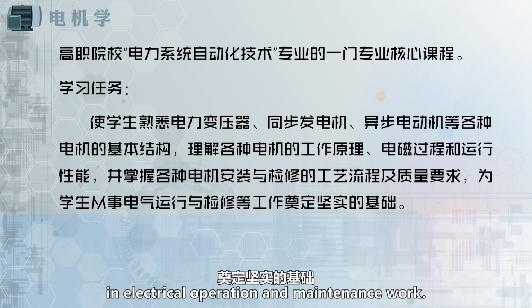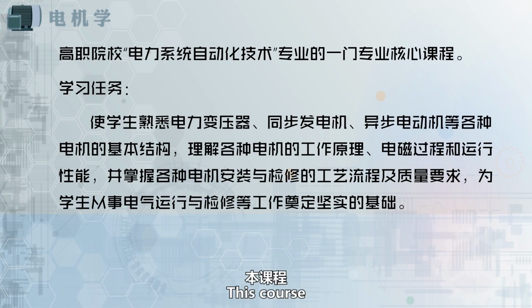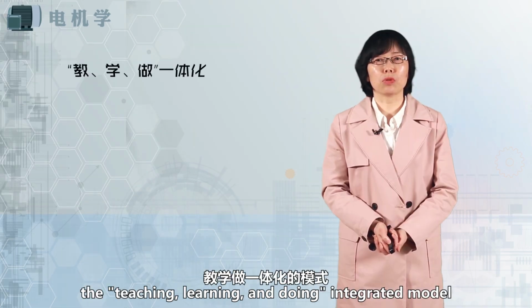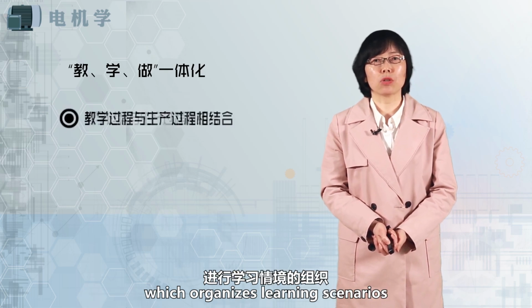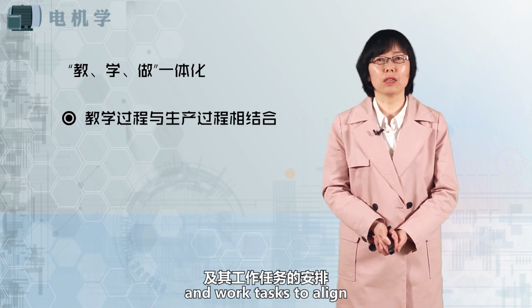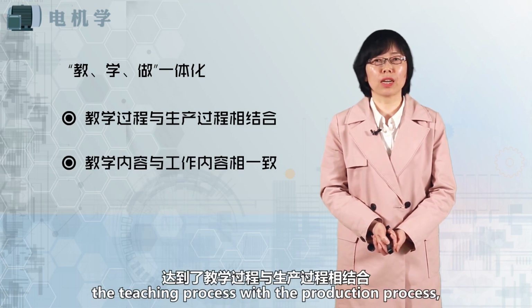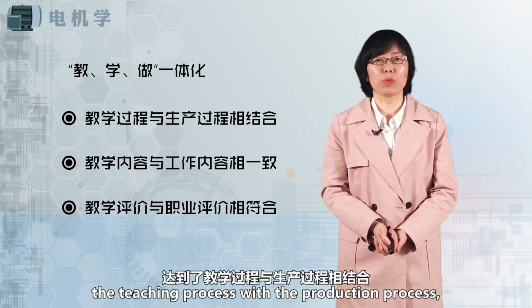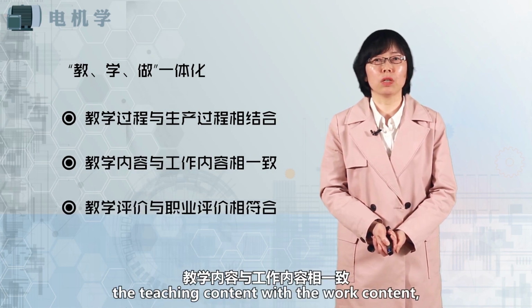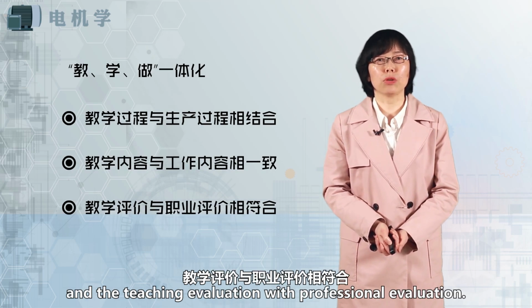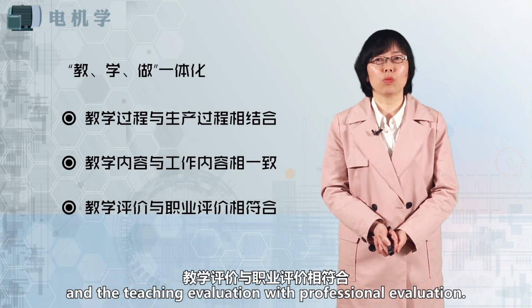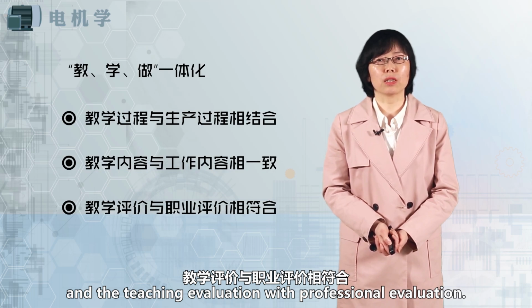operation and maintenance work. This course is designed according to the teaching, learning, and doing integrated model, which organizes learning scenarios and work tasks to align the teaching process with the production process, the teaching content with the work content, and the teaching evaluation with professional evaluation.